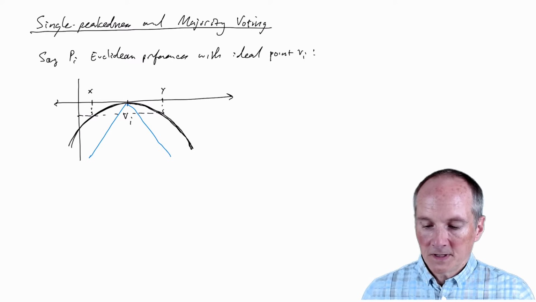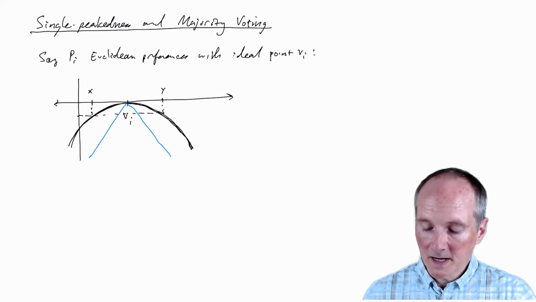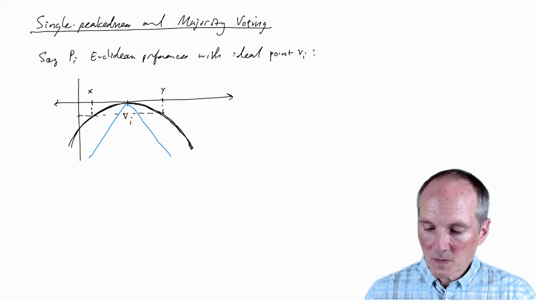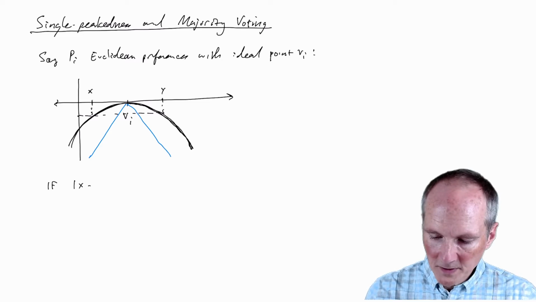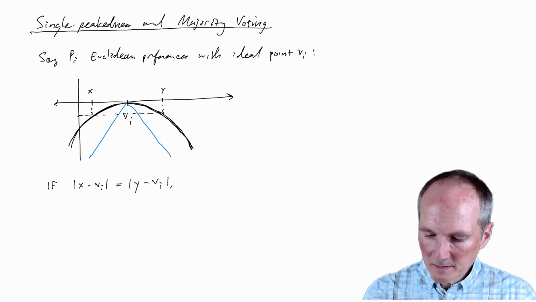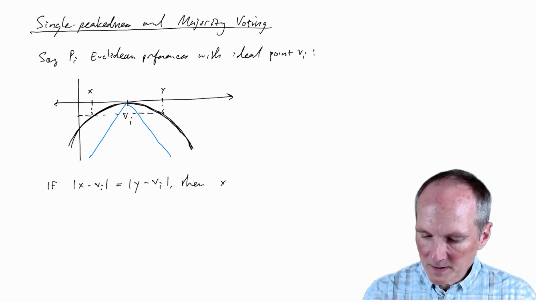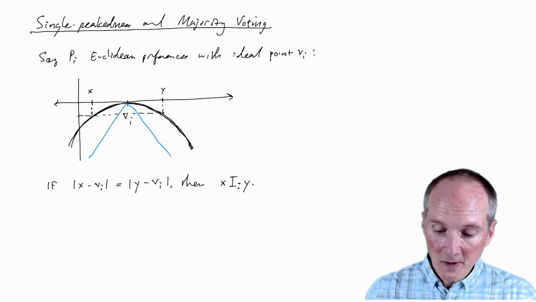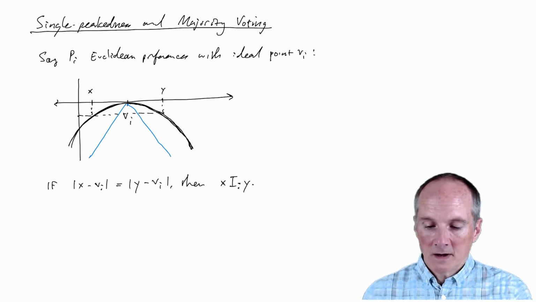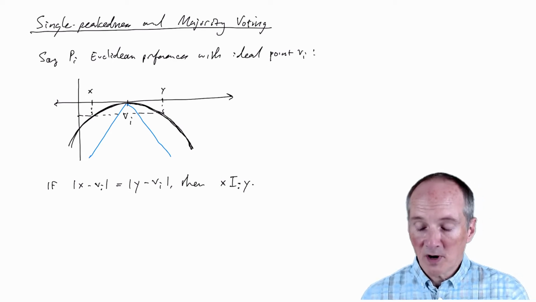We would say that these utility representations are symmetric about the ideal point. What that means is that if two alternatives are the same distance from the voter's ideal point, then the voter is indifferent between them. That's just an obvious implication of Euclidean preferences. The voter only cares about distance, and therefore any utility representation of Euclidean preferences has to have this symmetry property.